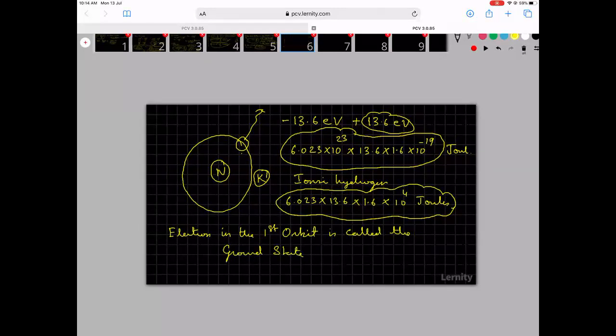If an electron is meant to be in the first shell and it is in the first shell, it is called the ground state. In case of helium, if both electrons are in the first shell, they are also in the ground state. So the only new things I have told you are how to ionize, and the meaning of the word ground state. Ground state refers to the actual state in which an electron should be.